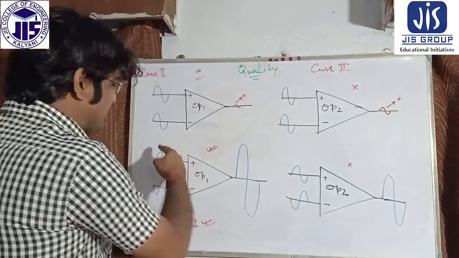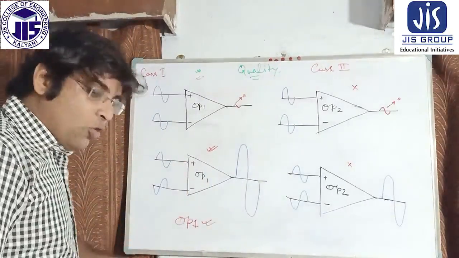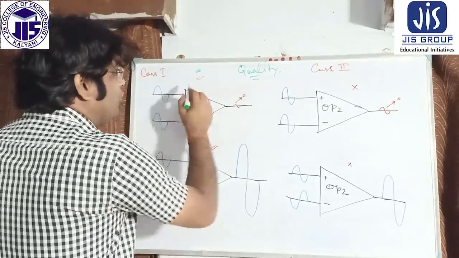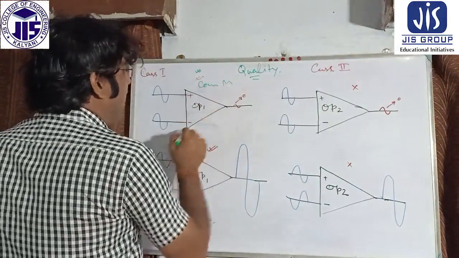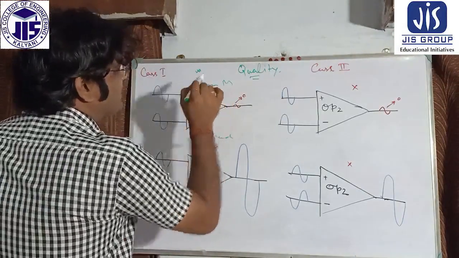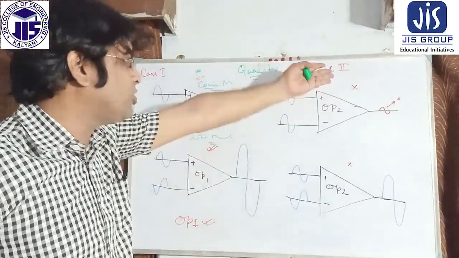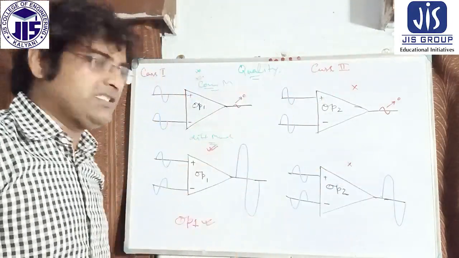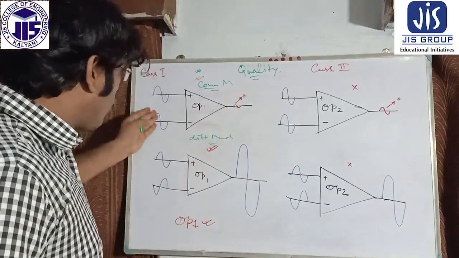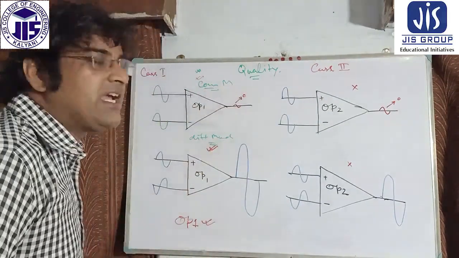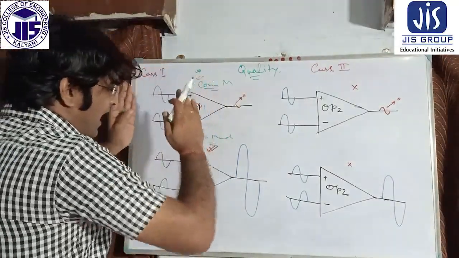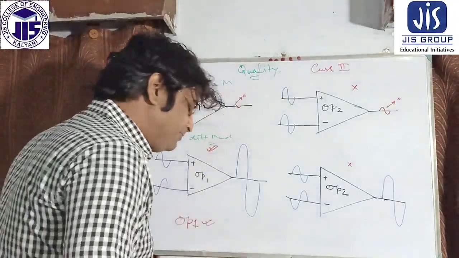And you can see here the signals are different, so we can say this is the difference mode of action. This is the common mode action and this is the difference mode action, because a difference input signal is given and for that reason we get the output, whereas when the same common input is given, the output is nearly zero.